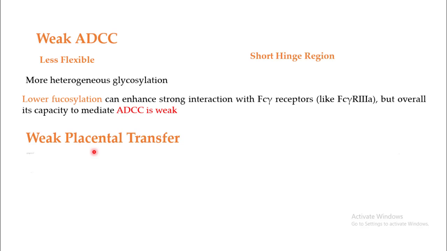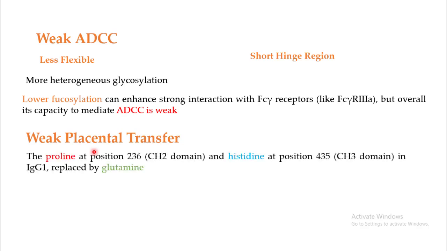The reason is in its structure: the proline at position 236, present in the CH2 domain of immunoglobulin G2, and the histidine at position 435, present in the CH3 domain, are replaced by glutamine.